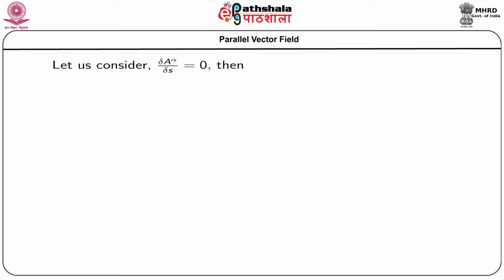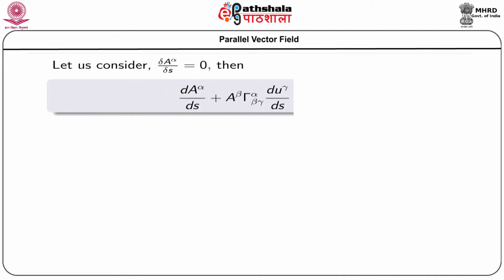Now, let us consider del A alpha del s equal to 0. That means the intrinsic derivative of A alpha with respect to s is equal to 0. That means dA alpha ds plus A beta gamma alpha beta gamma du gamma ds equals 0.